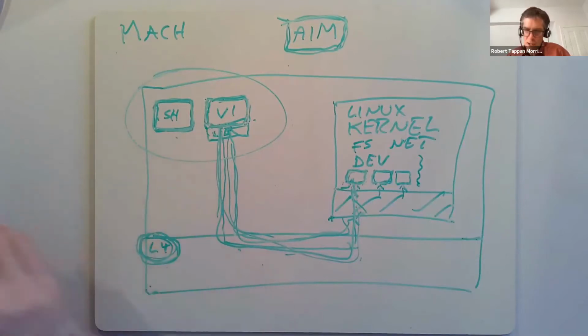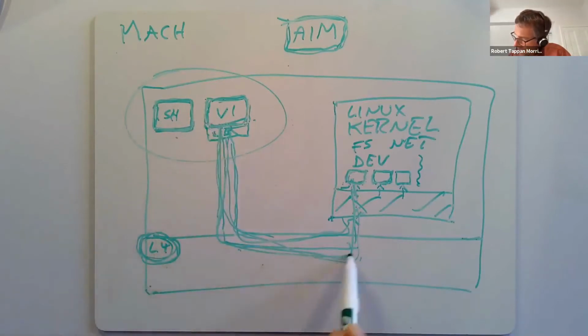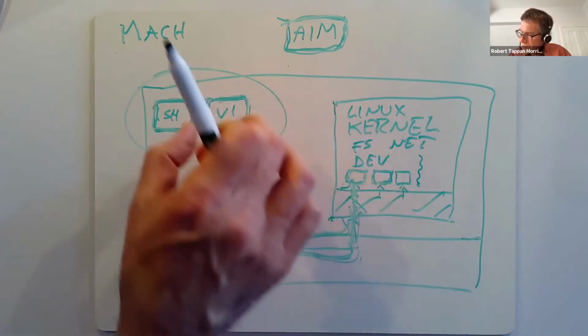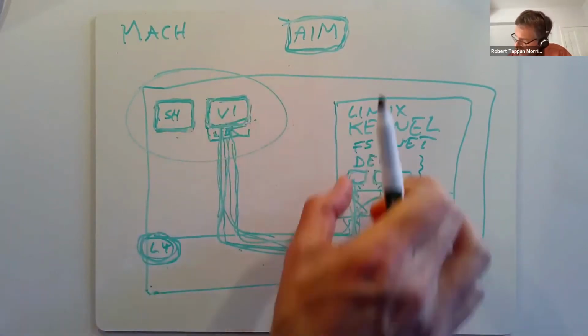One is that L4, which doesn't know anything about any of this stuff, L4 just knows there are two processes. And so when you send an IPC from one process to another, L4 just switches page tables. It always just switches page tables. This process had a page table, the Linux server had a page table. L4 associates a page table with the Linux kernel.